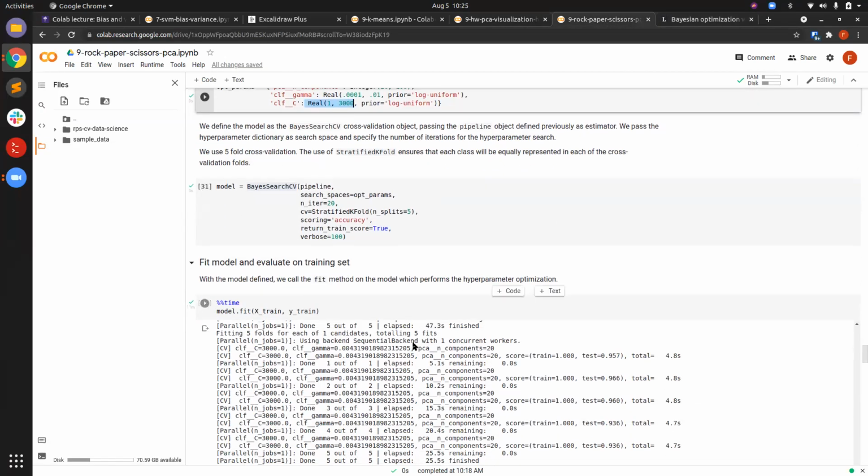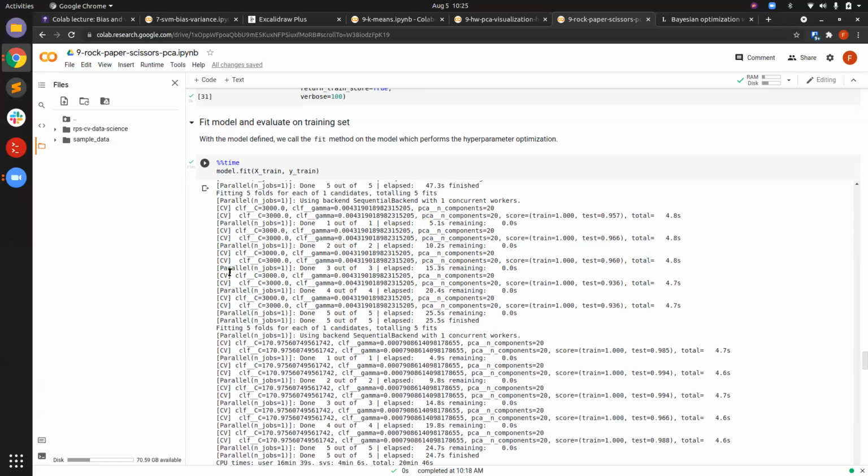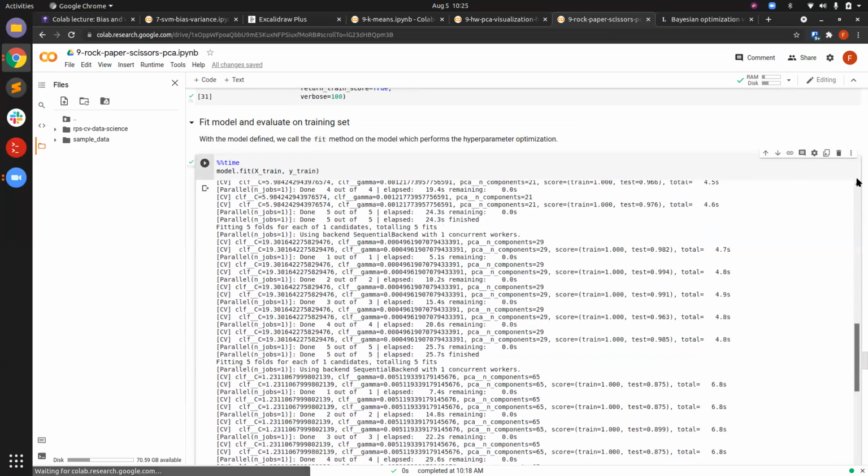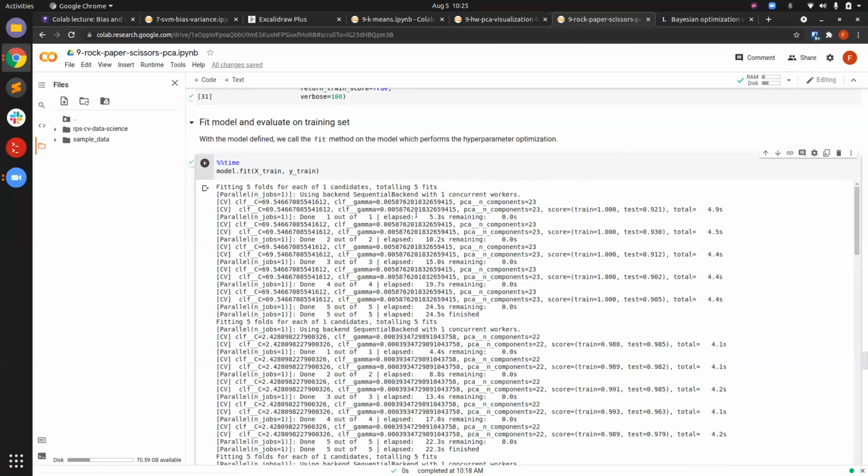Now, I'm not going to do this live now, but you can see, let's look up here. I'm using 5-fold cross-validation. You can see it starts by sampling some values that are maybe a little bit all over the place. So first it samples, let's say, 23 principal components, gamma of 0.005, C of, let's say, 69.